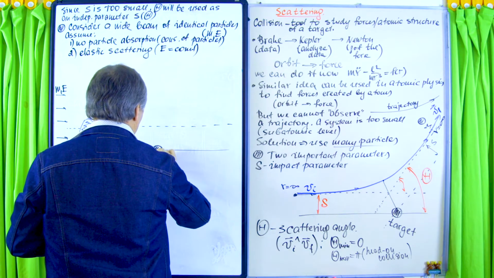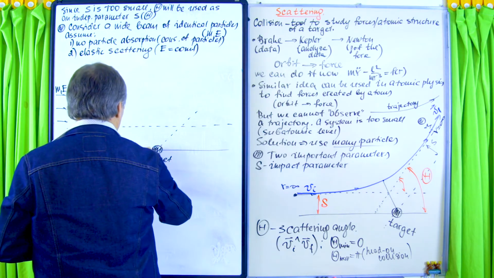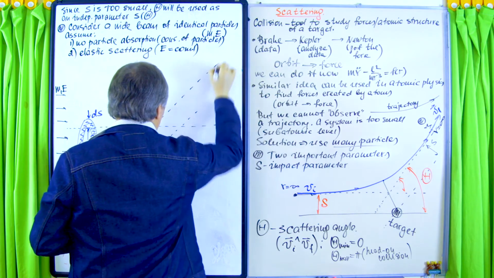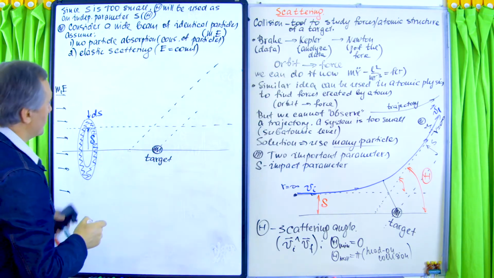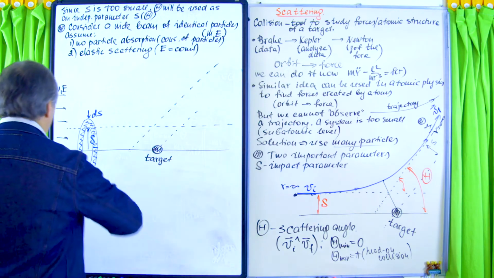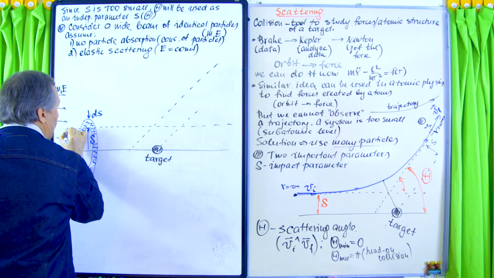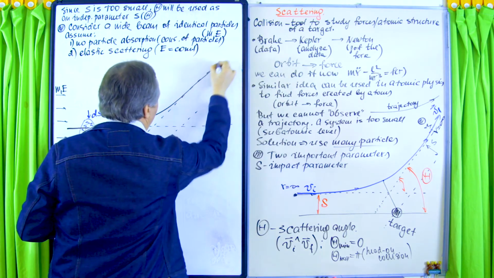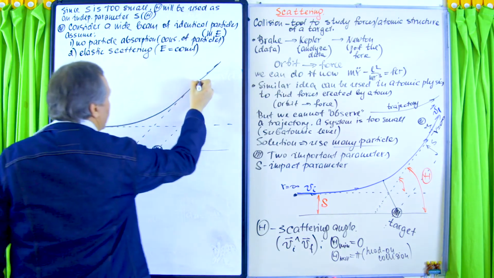So it will be this, and that will be the asymptote for these particles. And I will probably use this black, right? Okay, let me draw an arrow.